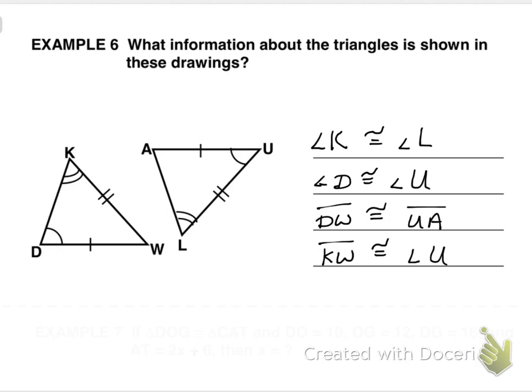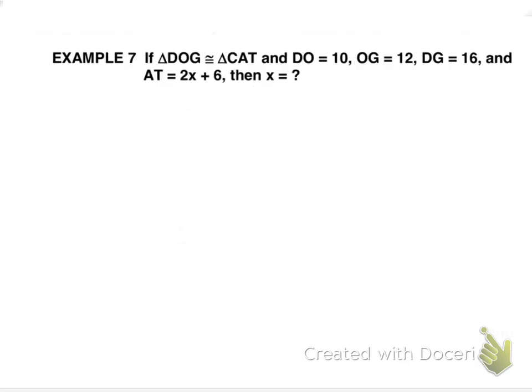So that's what we have to go with. All right, so that is what you would come up with on example 6. Now for example 7, if triangle DOG is congruent to triangle CAT, okay, so we know we can make a drawing.